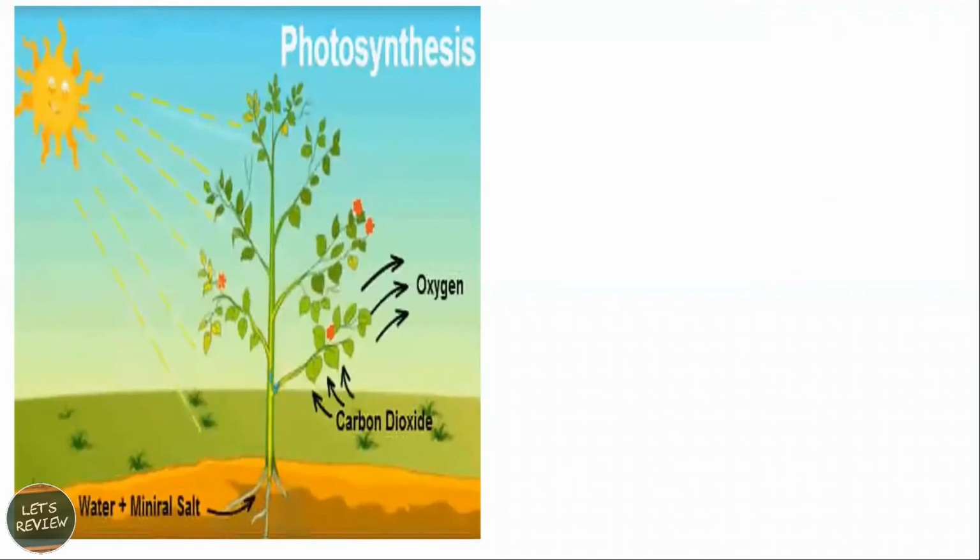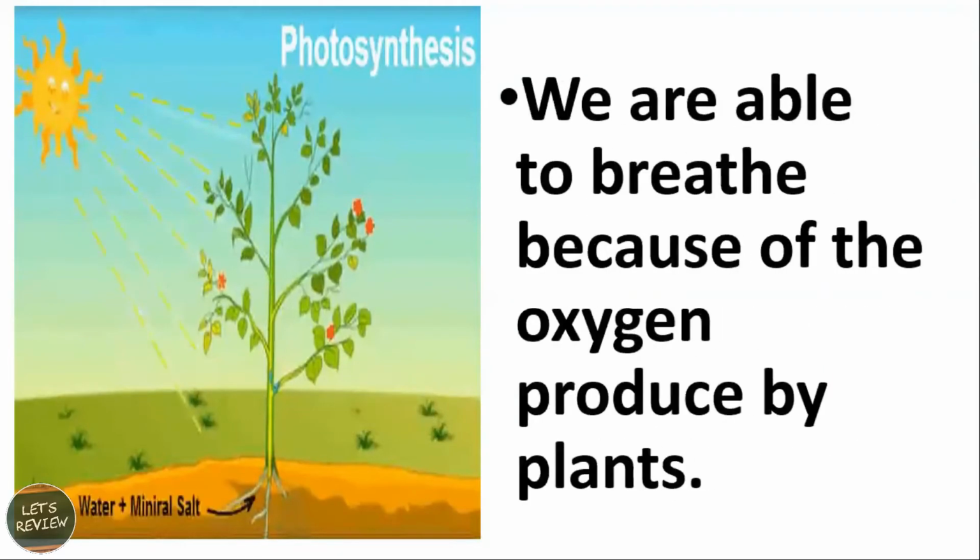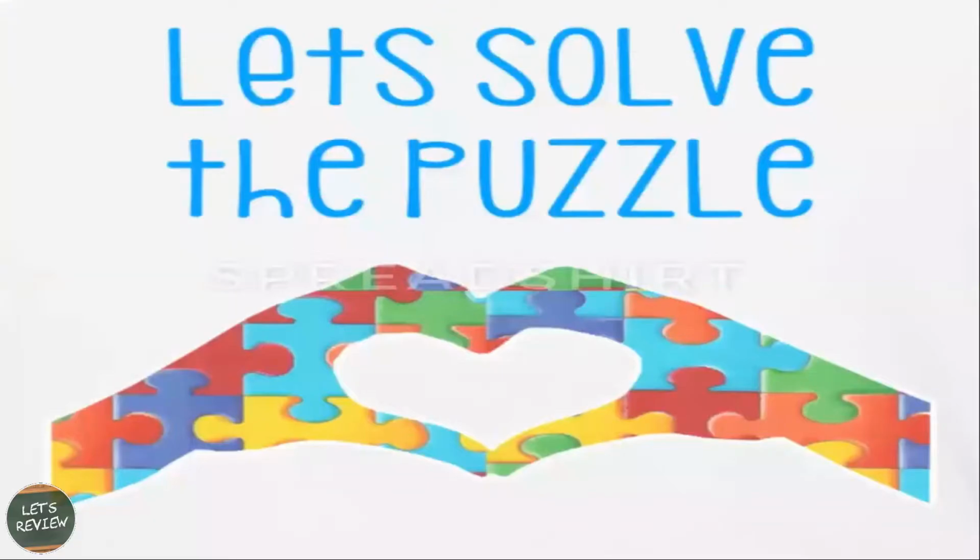So we call it the respiration process. And even in photosynthesis, these gases are needed in order for the plant to make its own food. So we are able to breathe because of the oxygen produced by plants.